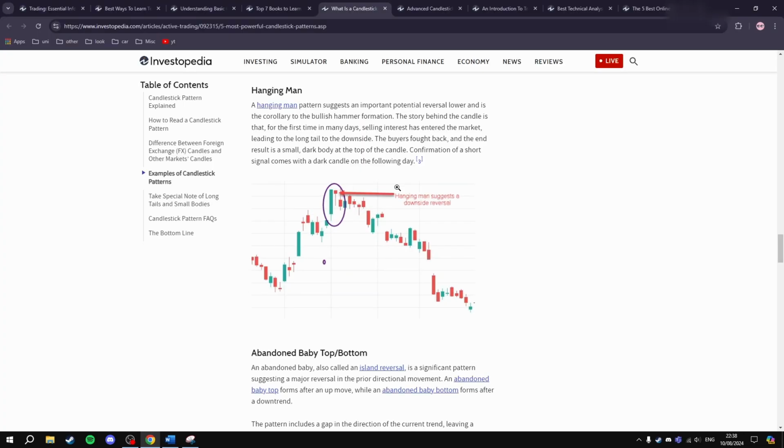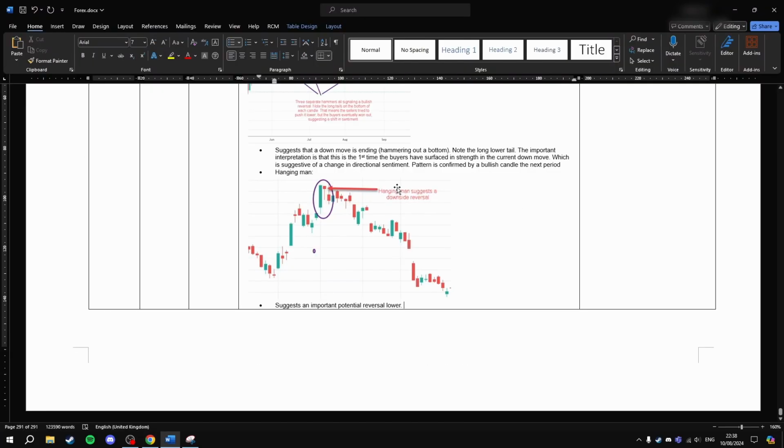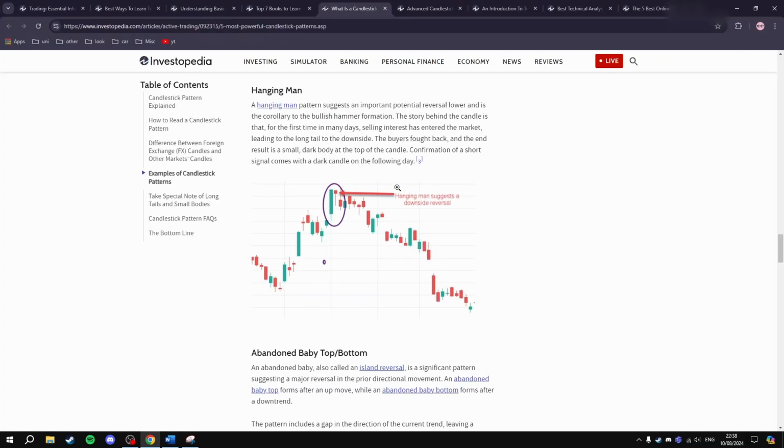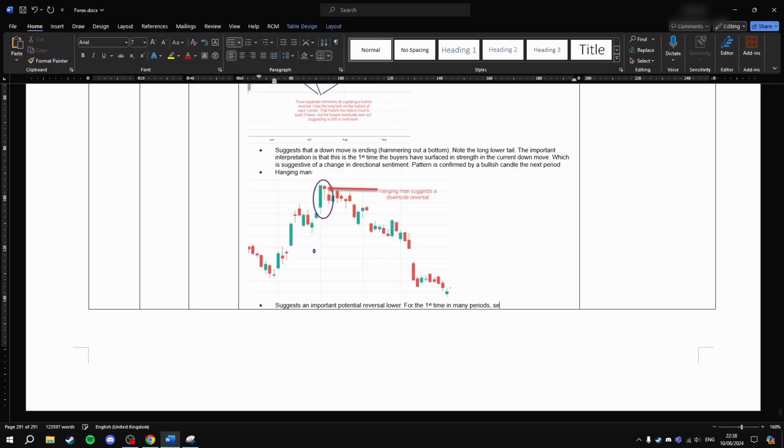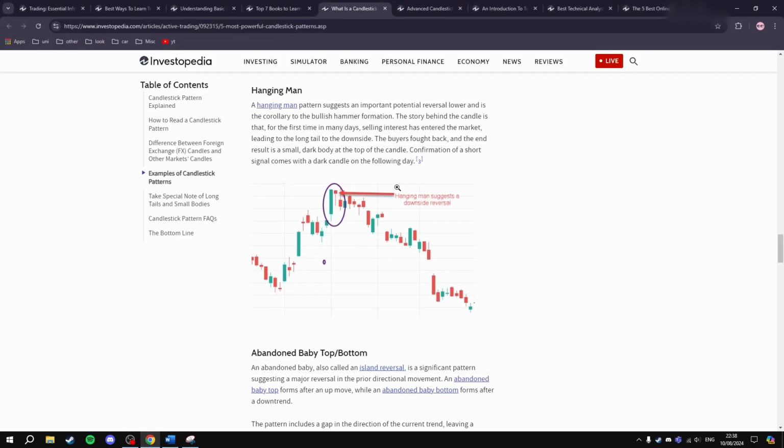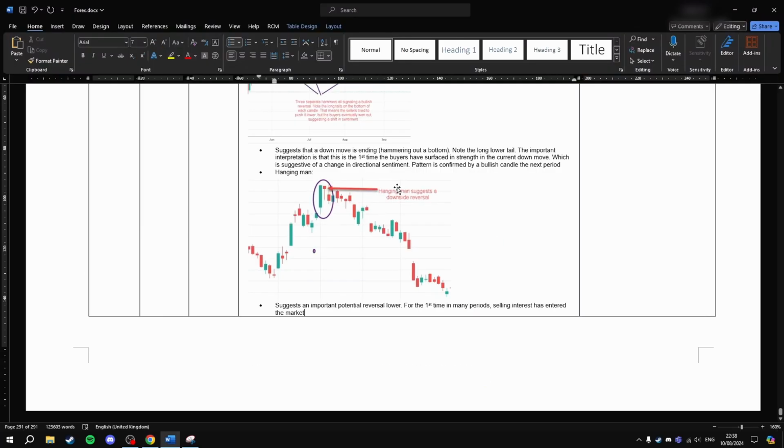The story behind the candle is that for the first time in many days, selling interest entered the market. So for the first time in many periods, selling interest has entered the market, leading to a long tail to the downside.